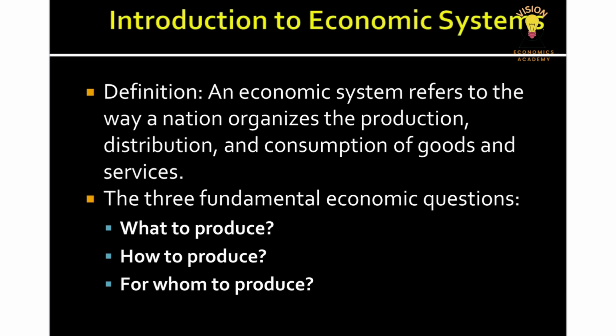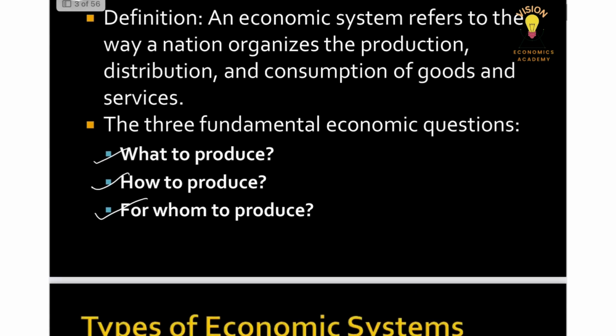What type of economic system does a nation adopt for its economic processes of production, distribution and consumption? The 3 fundamental economic questions that arise, and we know it very well, is what to produce, how to produce and for whom to produce, and we have discussed this n number of times in class 11 syllabus and also in other videos as well.